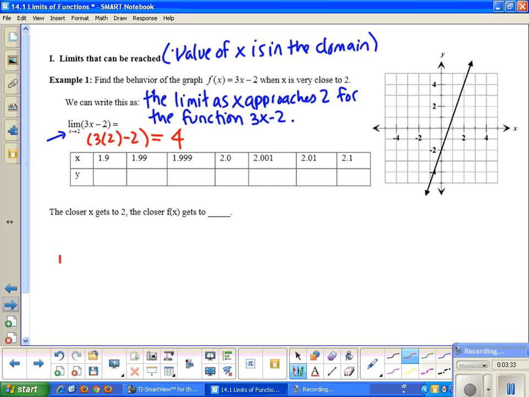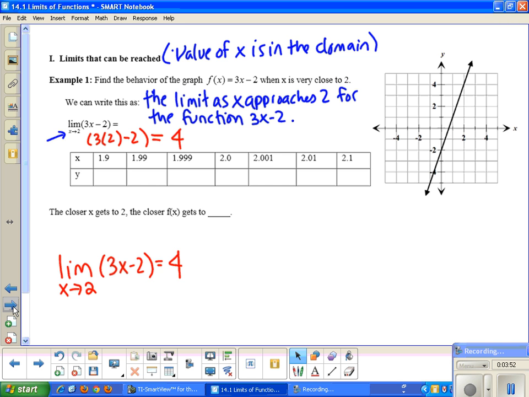So I know that the limit as x approaches 2 for this function 3x minus 2 is equal to a value of 4. That's why these are easy limits: when it's in the domain, you can just plug the number in. So we can also graphically show this.